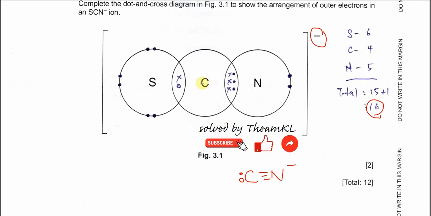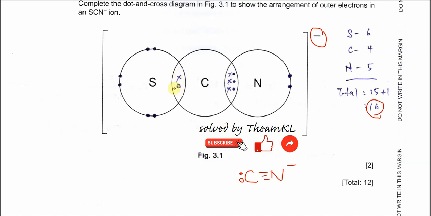The carbon will share 3 electrons with the nitrogen, forming 3 bonds here, a triple bond. And the nitrogen has 1 lone pair, so the nitrogen now forms an octet, a total of 8 electrons surrounding nitrogen. The carbon now has 6 electrons here, and of course the 2 electrons that I told you just now: 1 electron from itself and 1 electron from outside.